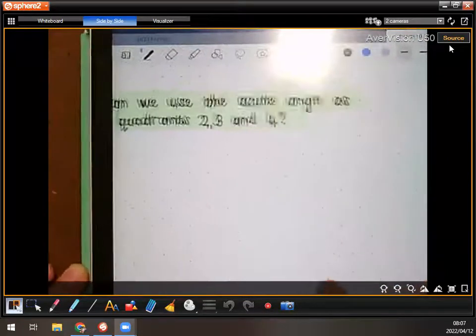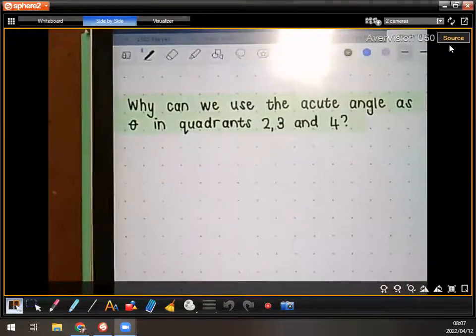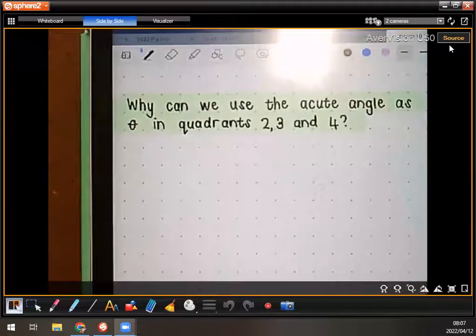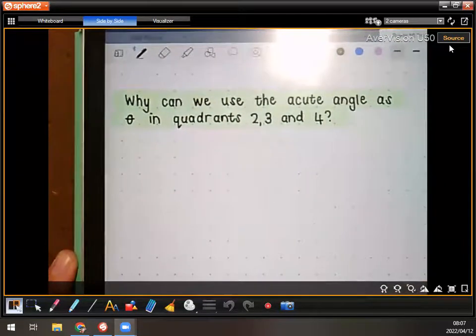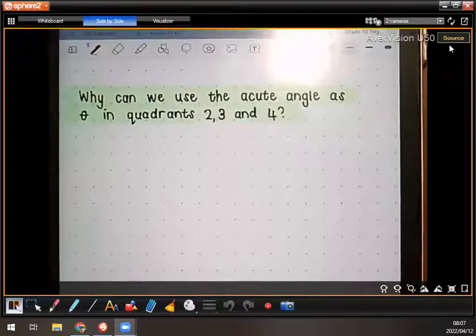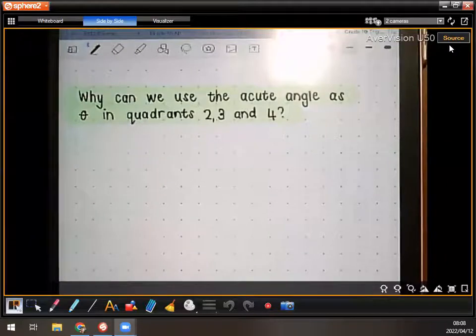Why can we use, so annoying, this light. I have always made this thing. I just feel like this light was on here previously.